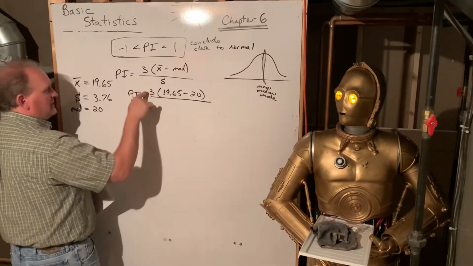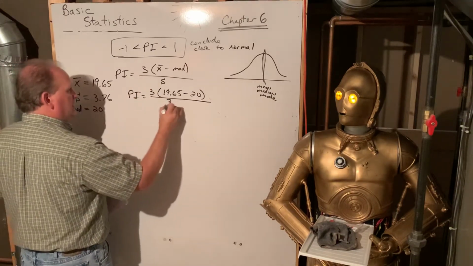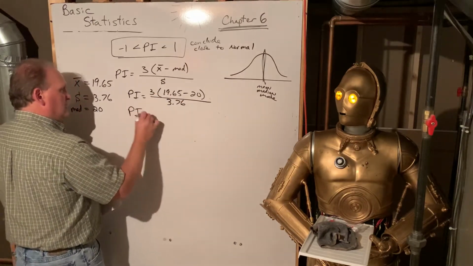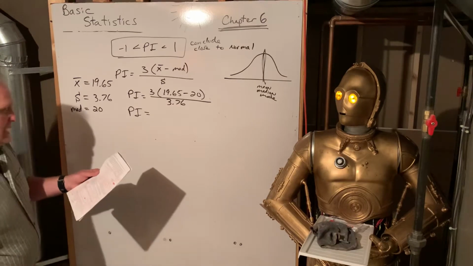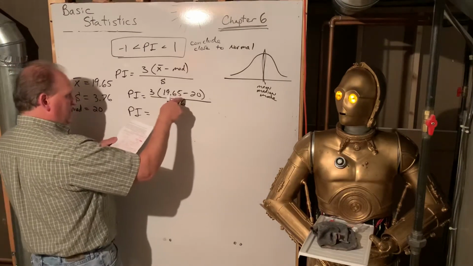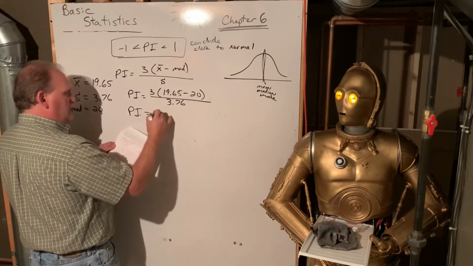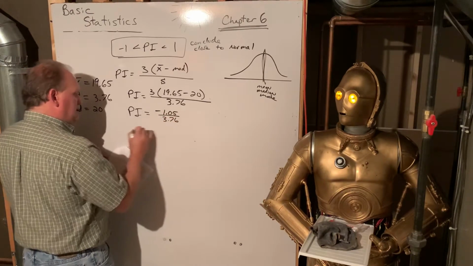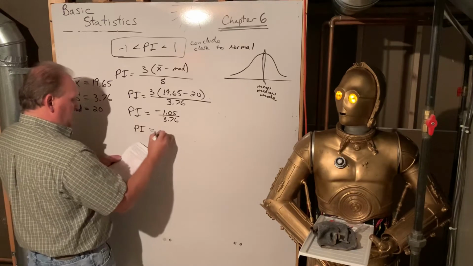You've got to remember the 3. It's always 3, so triple it and then divide by the standard deviation of the sample. So this one shakes out to be -0.35, and then we triple it, so -1.05 divided by 3.76.